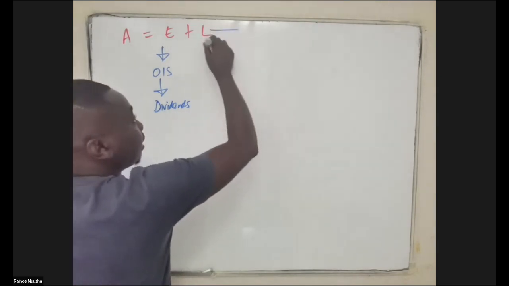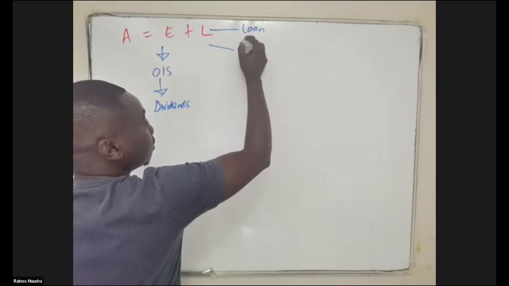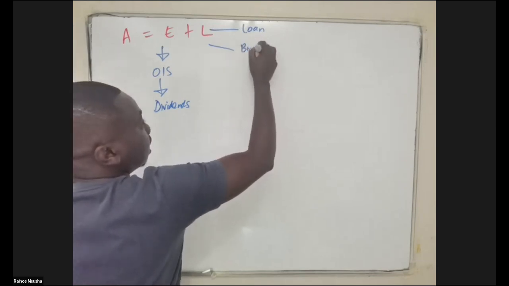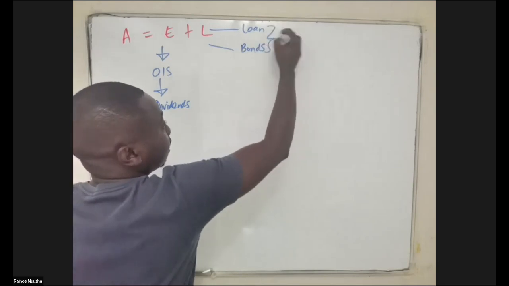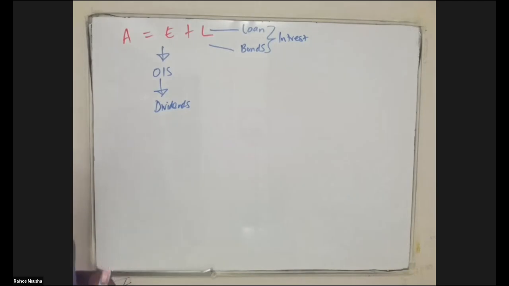And with liabilities, you can either give out loans, or you can invest in what? Bonds. And the return you generate there is basically interest, which from a bond perspective is your coupon payments, which is interest as well.